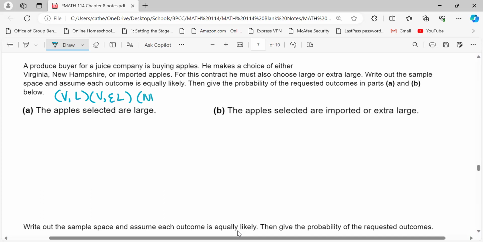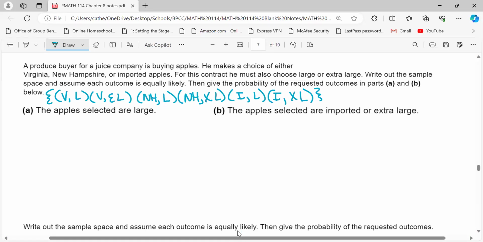They could be New Hampshire and large. They could be New Hampshire and extra large. They could be imported and large, or they could be imported and extra large. Okay, that order doesn't matter as long as you have all the different combinations listed in the sample space. Again, this part is just going to be multiple choice.